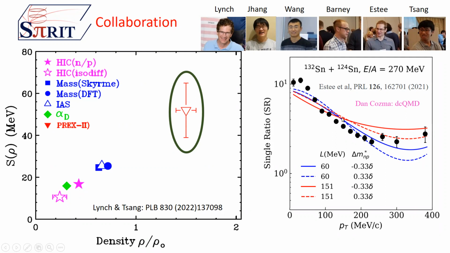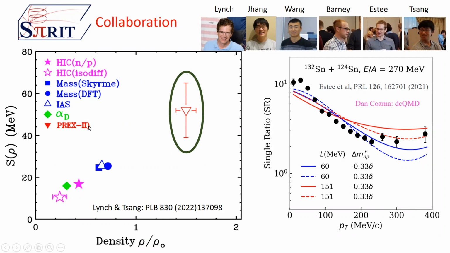It turned out that the pion ratio is not only sensitive to L, but also sensitive to effective mass. So the L or the S0 value that we obtain is rather large. Okay, you can see it here. But we did get this data.